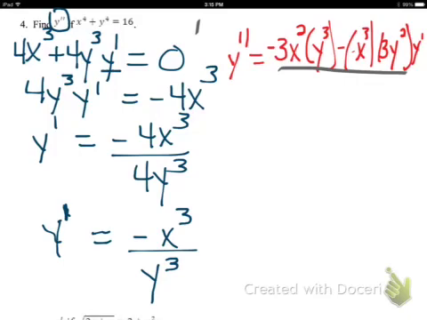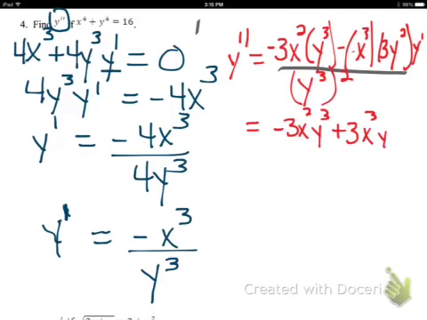So all over y cubed squared. Okay, now I can simplify that a little bit. I would have negative 3x squared y cubed plus, because I have minus a negative, plus 3x cubed y squared y prime all over y to the sixth.